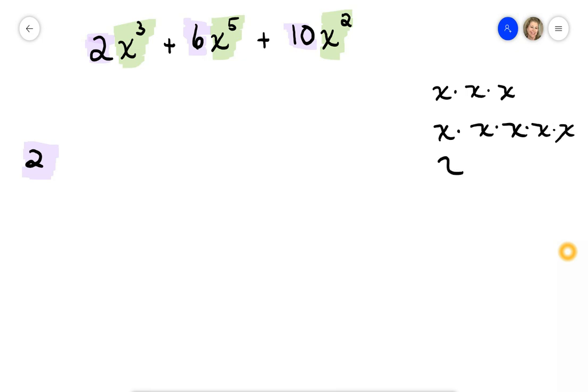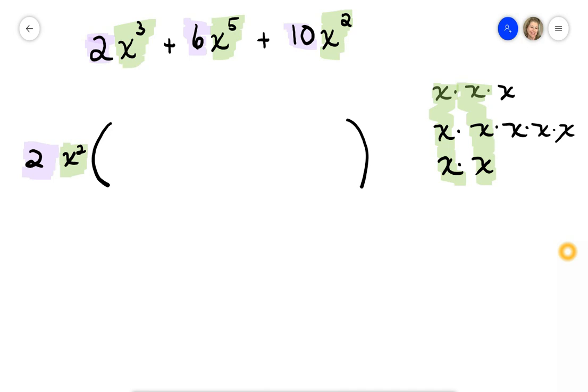And an x to the second is an x times x. So when you're looking at them, they all have at least one x, and they all have at least 2 x's, and that's it. Now, x cubed and x to the fifth have more x's, but x squared doesn't. So the most you can factor out is an x squared.